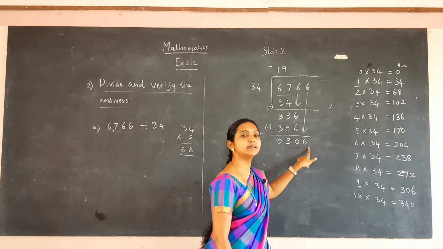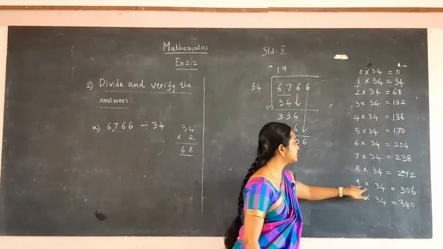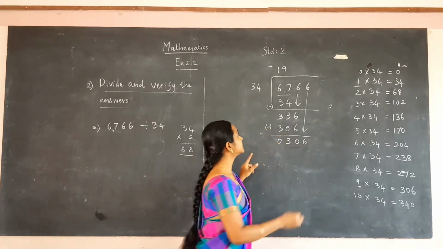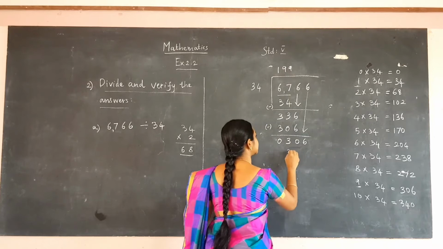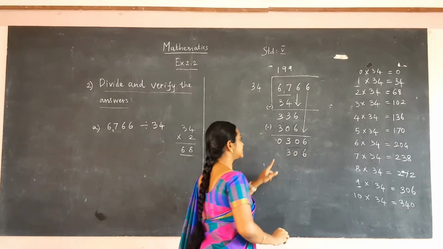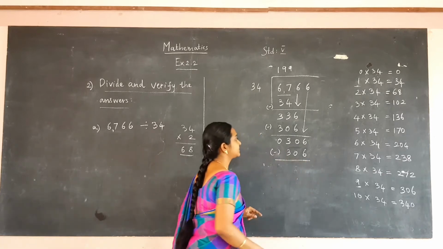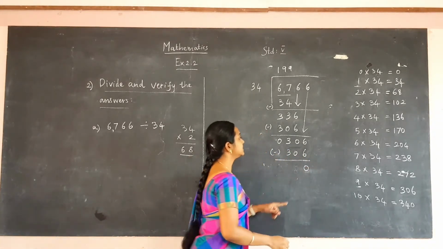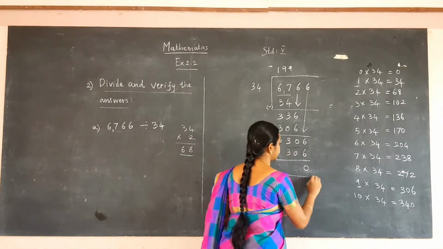Now choose a number nearer to 306. 9, we can see that 9 into 34 equal to 306. So write 9 in the quotient and write 306 here. We are going to subtract these two numbers. 6 minus 6 will be 0. 0 minus 0 will be 0 and 3 minus 3 will be 0.